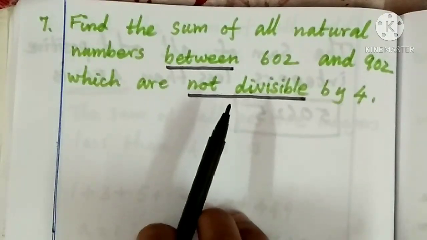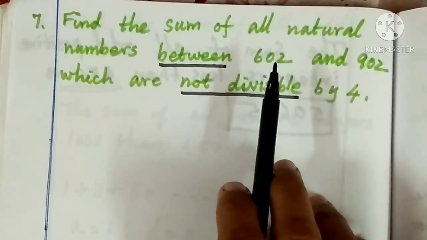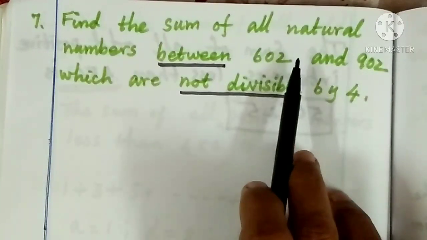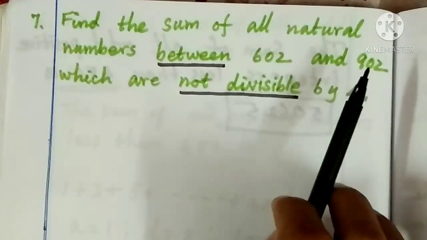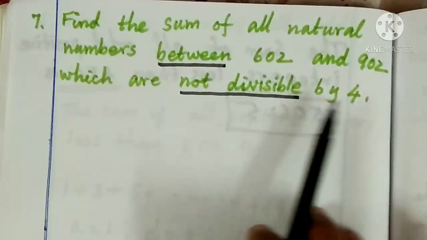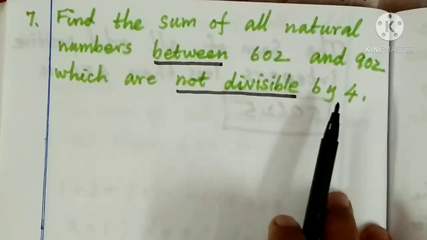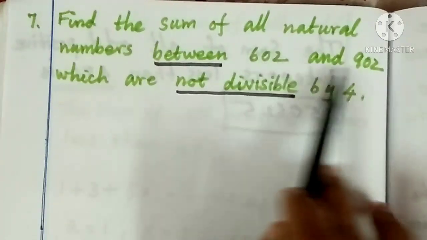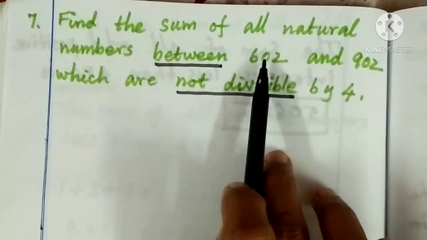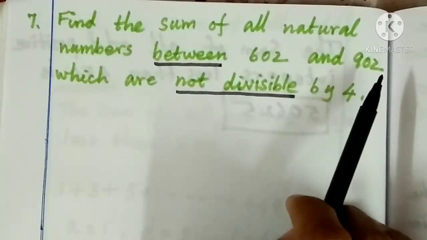In this question, we have to find the sum of natural numbers 603 to 901 which are not divisible by 4. Then means first you have to find sum of all natural numbers between this given number.